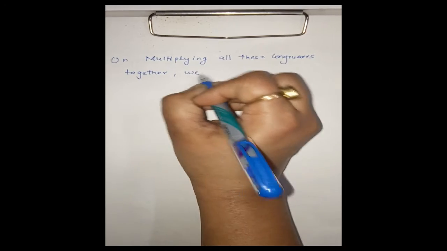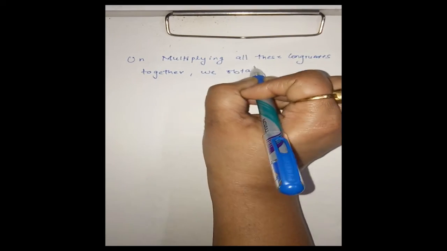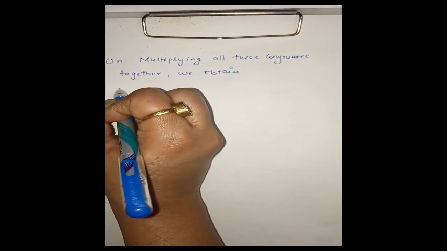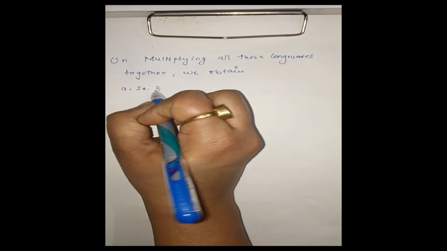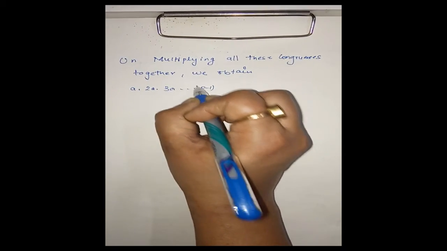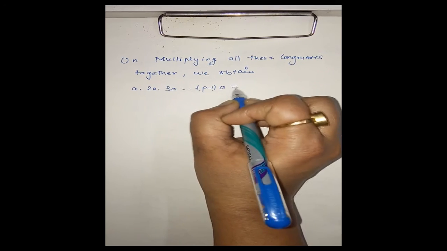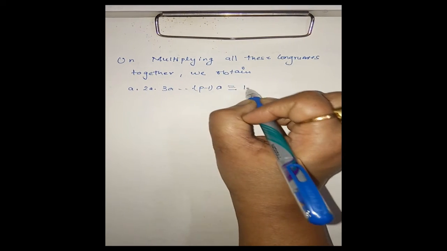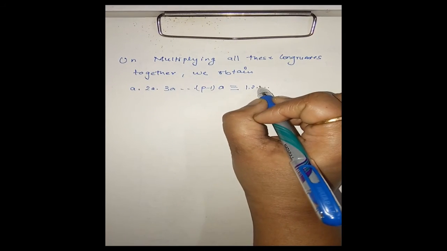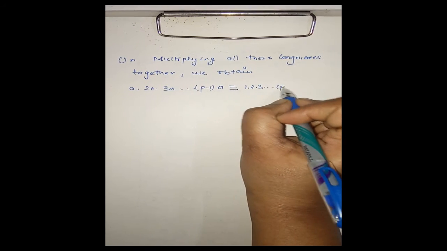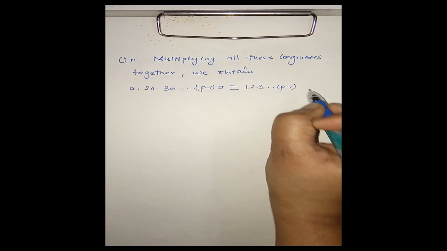We obtain a, 2a, 3a up to p minus 1 times a is congruent to 1, 2, 3 up to p minus 1 modulo p.